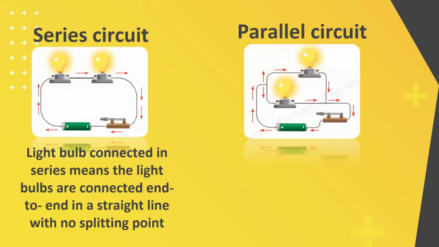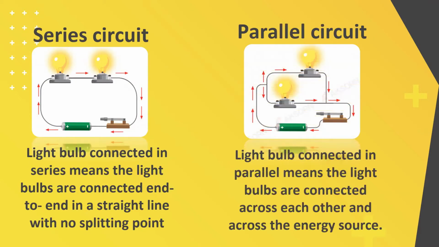While in a parallel circuit, light bulbs connected in parallel means the light bulbs are connected across each other and across the energy source. Here, the electric current can flow in more than one path, so if one light bulb is removed, current stops flowing to that path alone, but other light bulbs will still shine because current still flows to them. For you to understand better, let's watch this video.